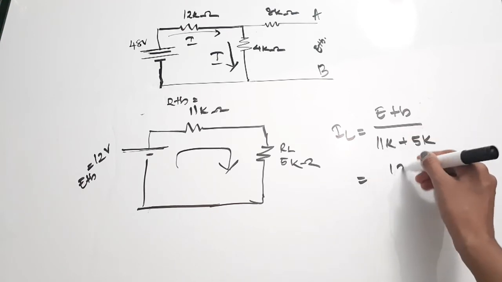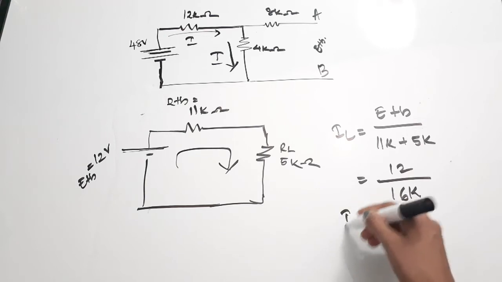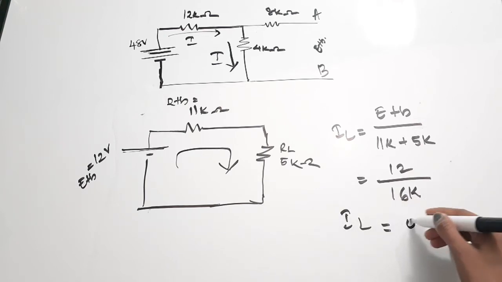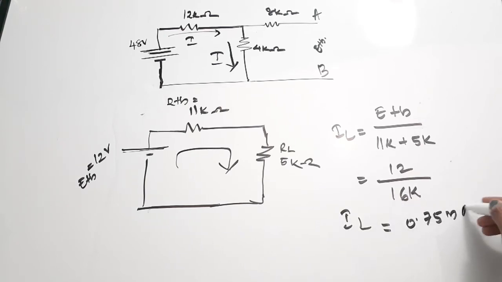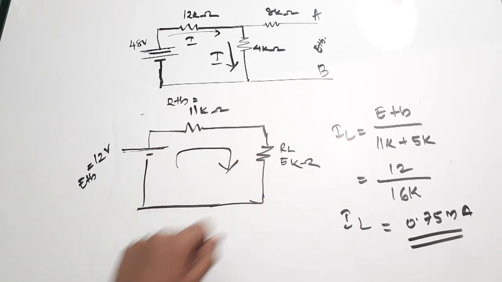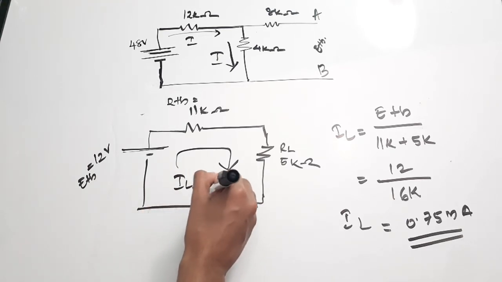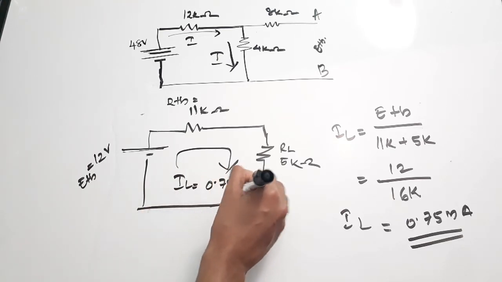So ETH is 12 by 16K, and IL you will get as 0.75 milliampere. So the current flowing through this load is IL equal to 0.75 milliamperes.